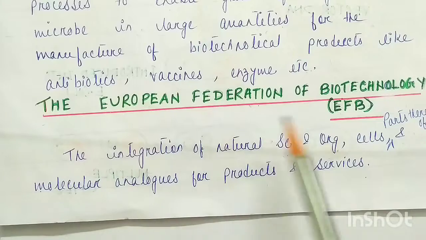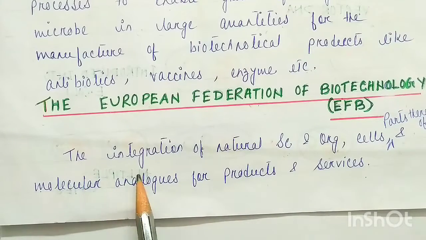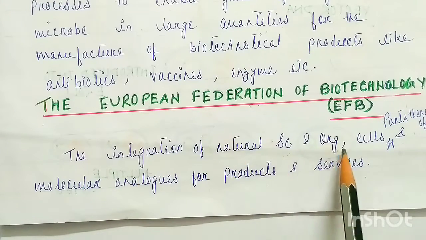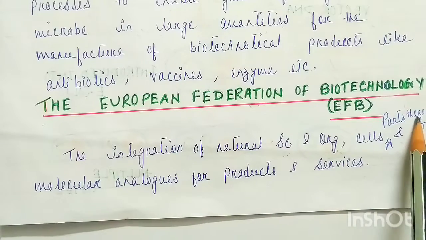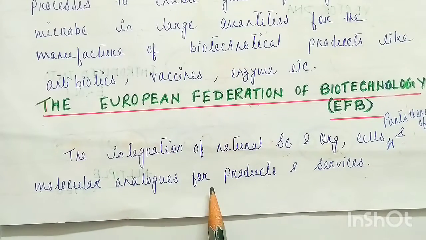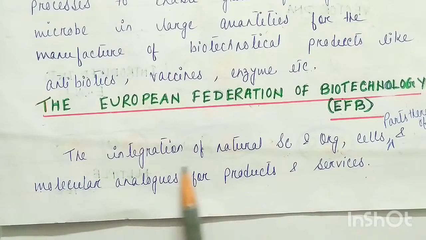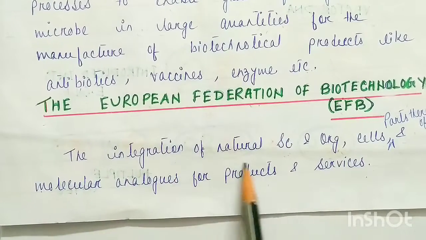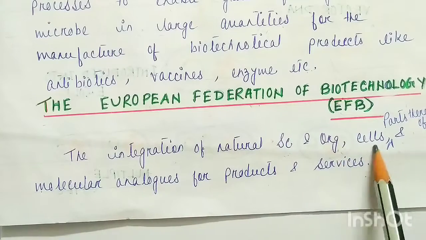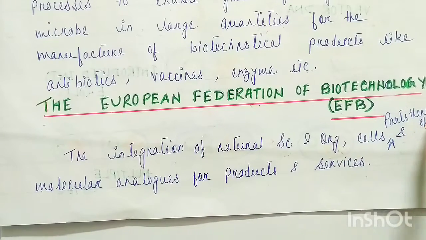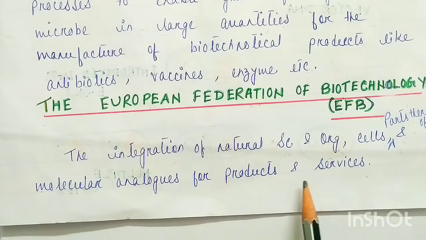According to this definition, it is the integration of natural science and organisms, cells, parts thereof, and molecular analogues for products and services. The integration means mixing of natural science and organisms, cells, parts thereof. Parts thereof means their parts. Molecular analogues for the products and services.